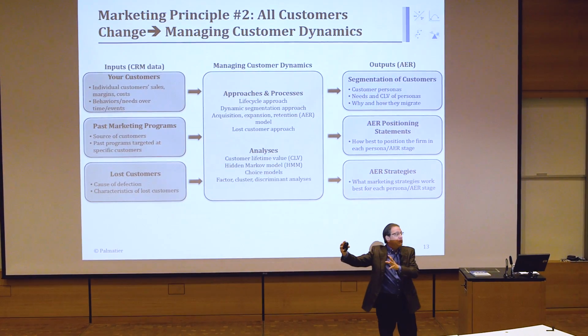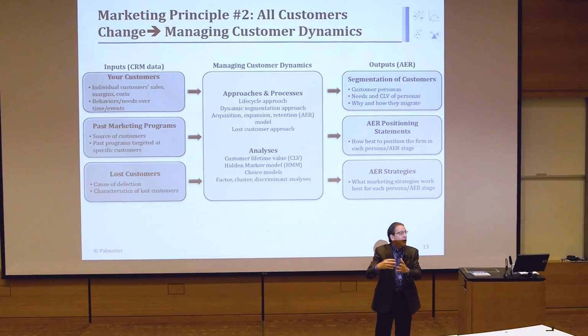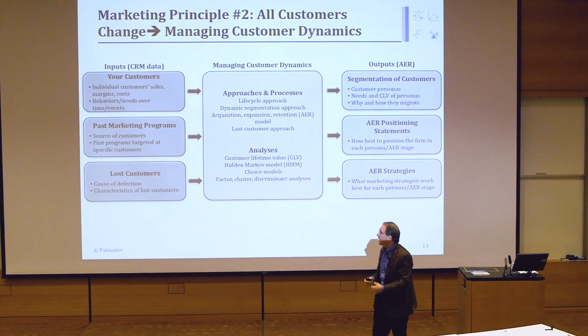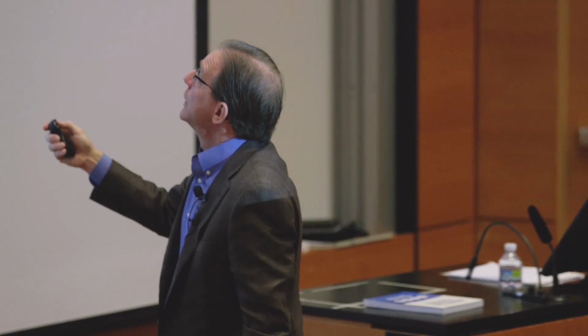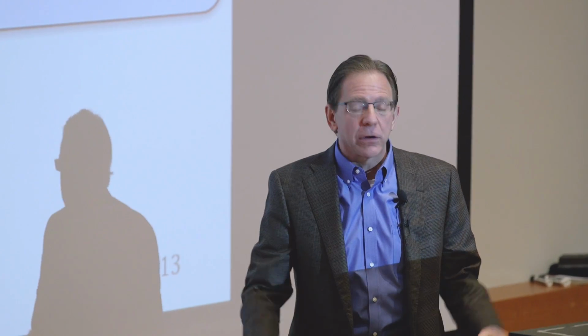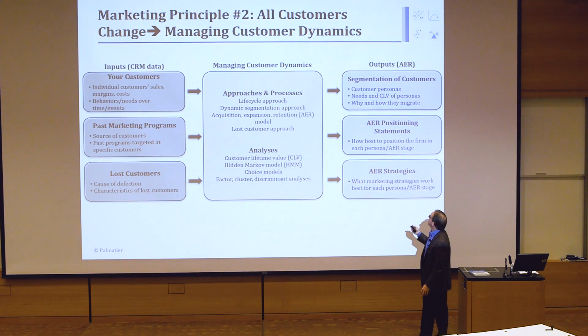At some point, maybe the kids leave the family and they want to go to a 2-seater, whatever, maybe a convertible. So we segment. The first outcome is segmenting our own customer base and understanding how they migrate through our life cycle. Once we understand that, why they migrate, maybe they migrate with kids, maybe they migrate with retirement, then we go through AIR positioning.